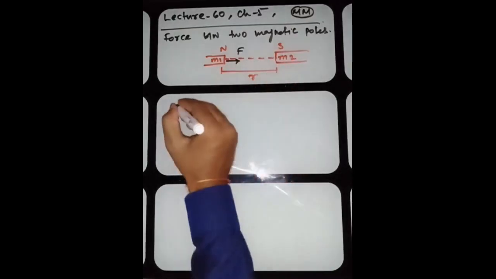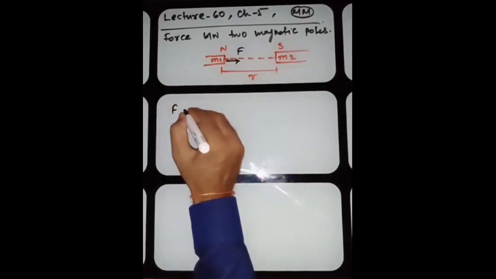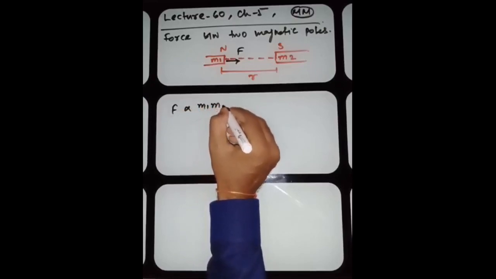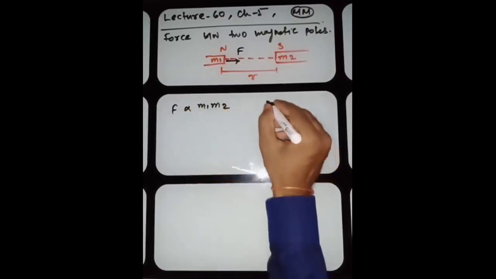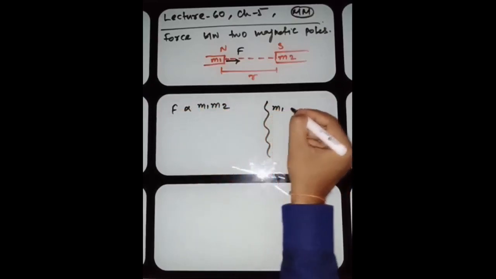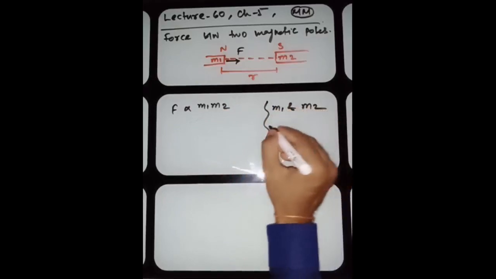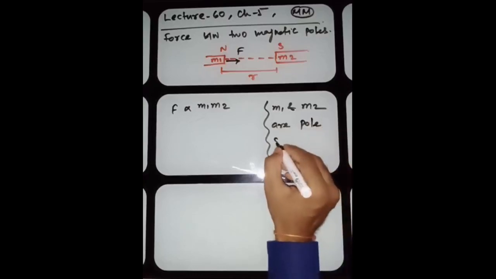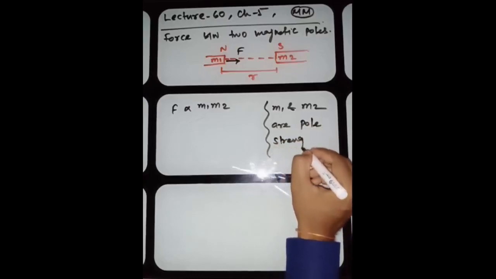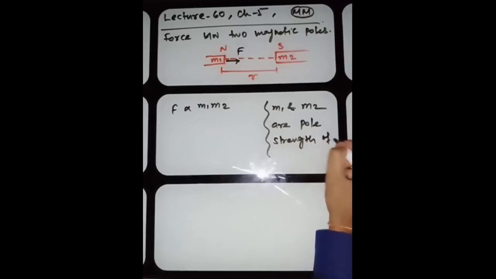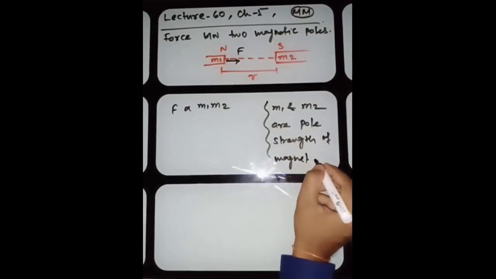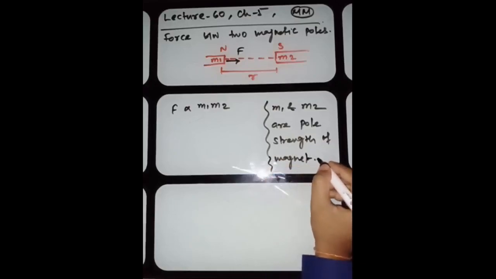According to that law, this force is directly proportional to the product of the pole strengths. Remember, M1 and M2 are the pole strengths of the magnet. We are focused on the bar magnet.